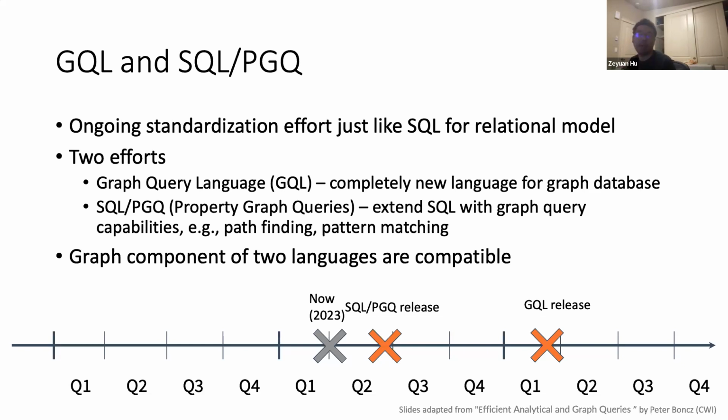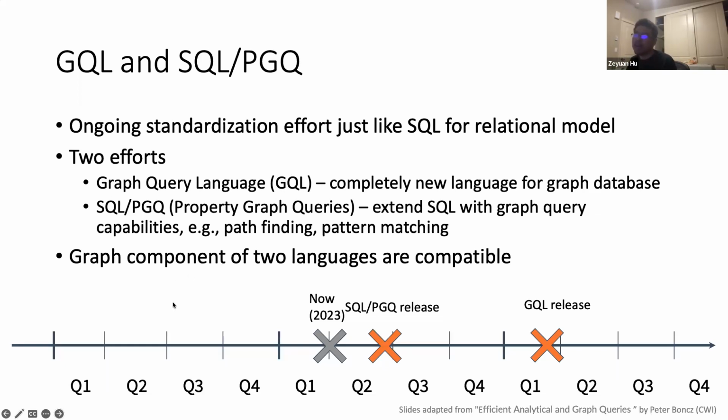Those two as a whole are part of the standard, meaning that in the future, for any graph database, you can either write GQL, a completely new language specific to graph, or you can just use your familiar friend SQL, but enhanced with graph query capabilities.